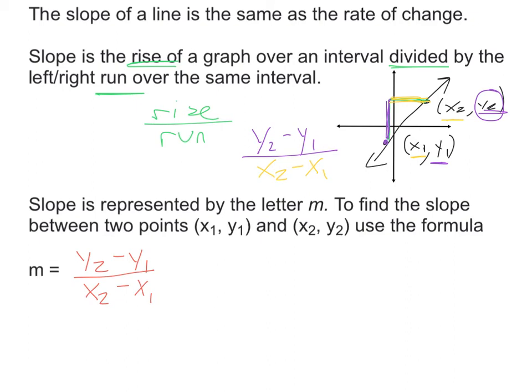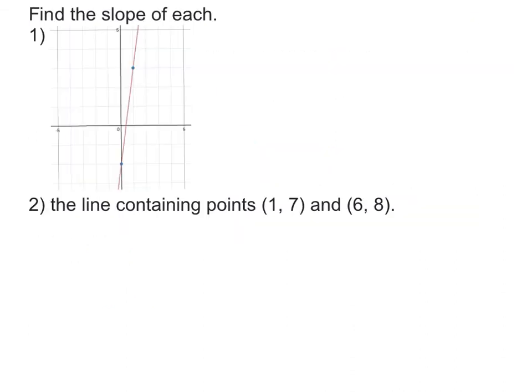Let's put this into practice. So in number 1, to find the slope of this line, we have 2 points given to us. Down here, this is 0, negative 2, and up here we have 1, 3. We want to find the slope. So just like before, we're going to figure out how much did we go up and how much then did we go over.